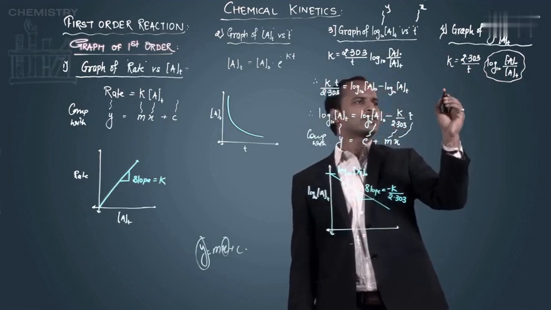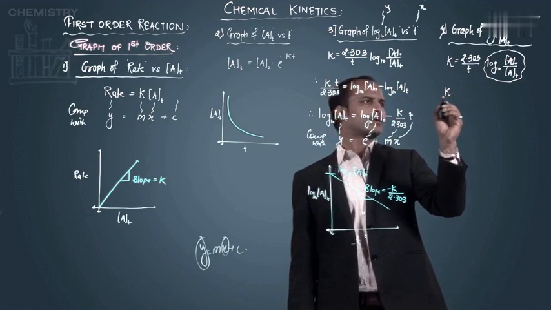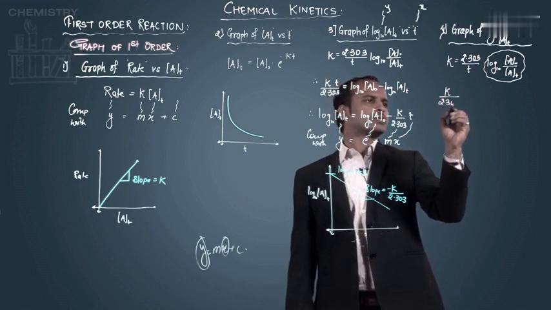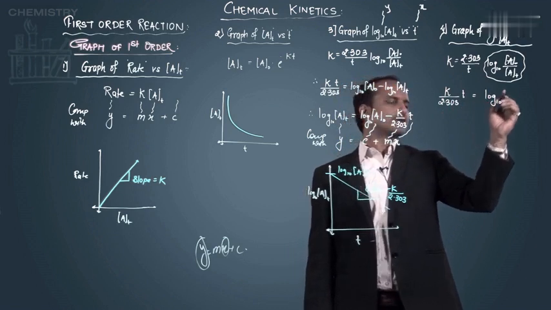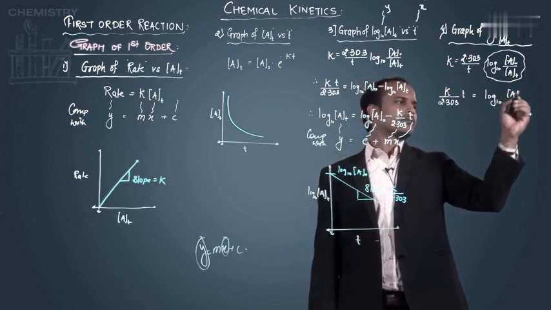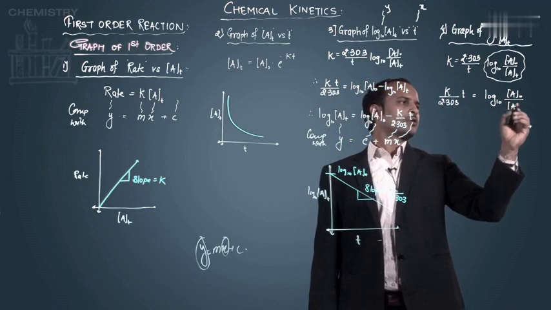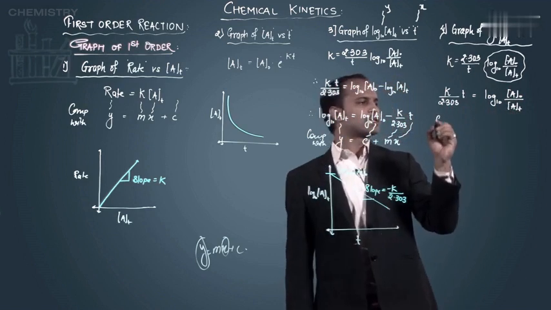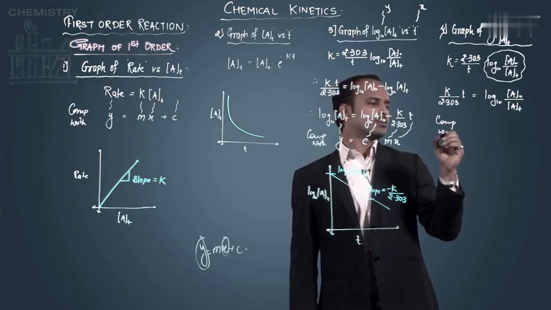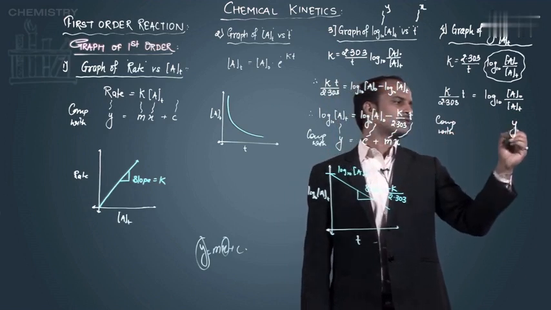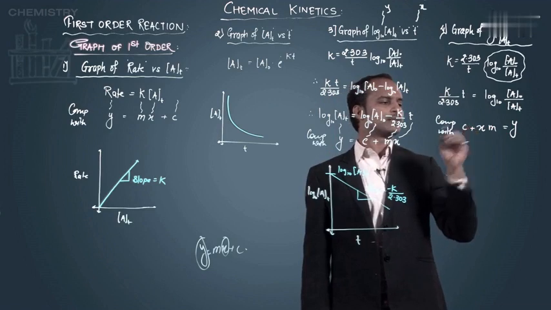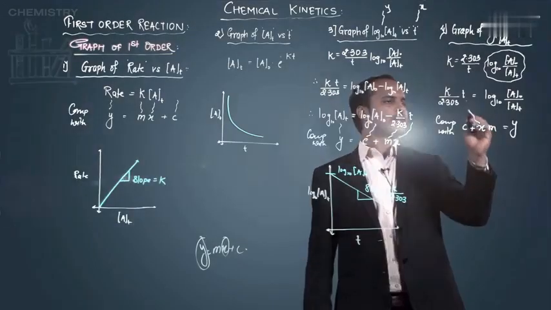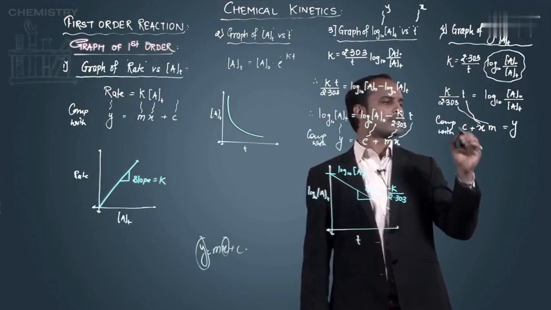So shift t on the left hand side. We'll have k upon 2.303 into t is equal to log to the base 10 a naught upon at. This is the y-axis. Comparing with y is equal to mx plus c, this is on y, this is on the x-axis, this is the slope, and c is 0.